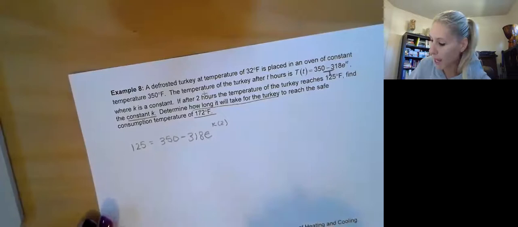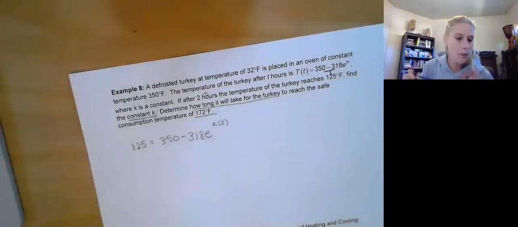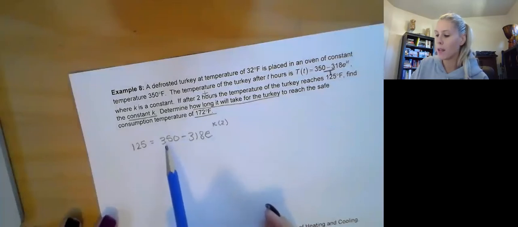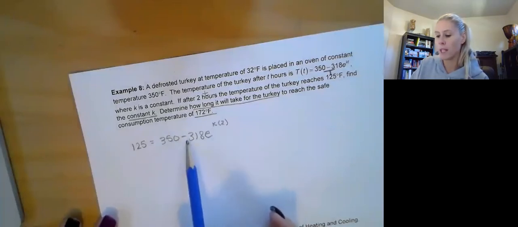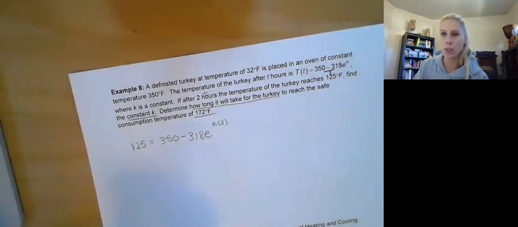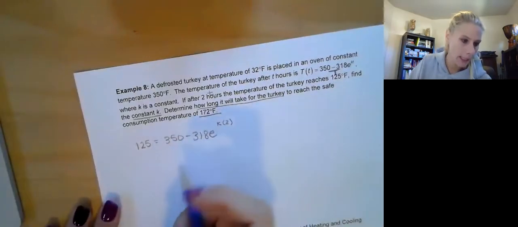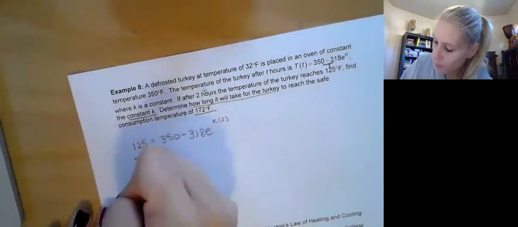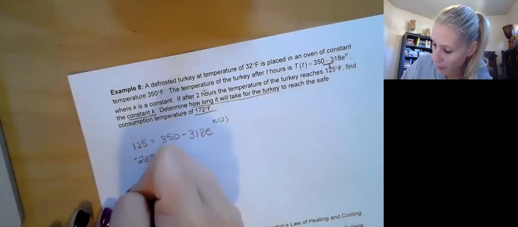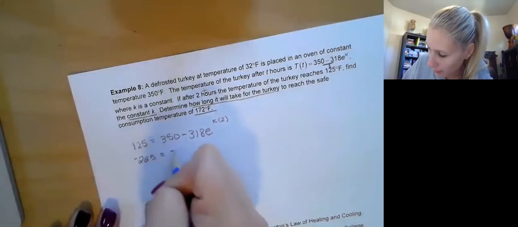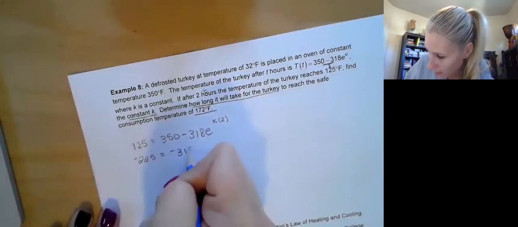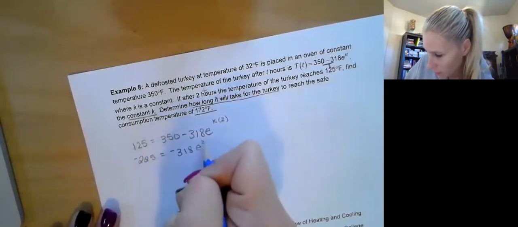Now we're going to solve for k. You cannot, this is one of the biggest mistakes people make, guys, subtract 350 and 318 right now. Those are two unlike terms. So the only thing I can do is subtract 350 from both sides. So we get negative 225 equals negative 318 e to the 2k.